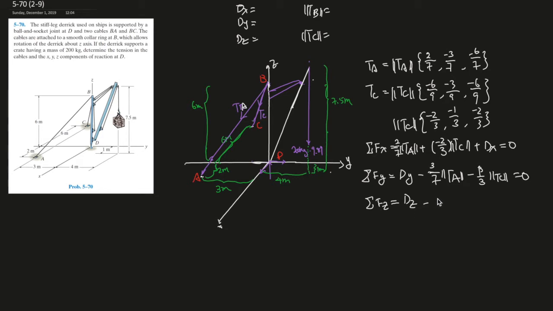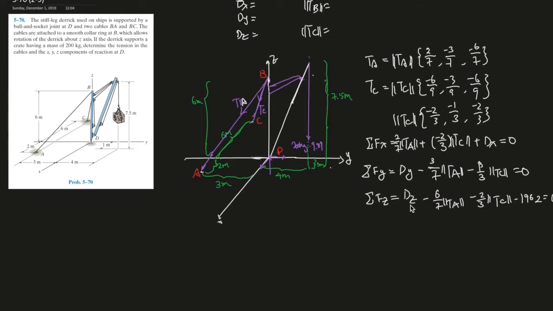So minus 6 over 7 TA, minus 2 over 3 TC, and minus the weight of this load, which if you multiply everything together should give you 1,962, I believe. Yeah, and all of that gives you 0. Okay.